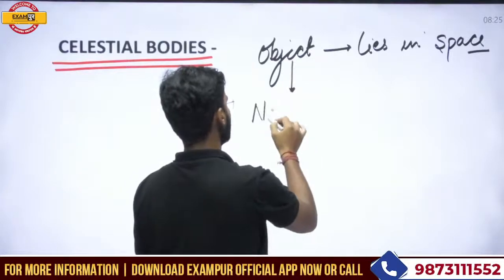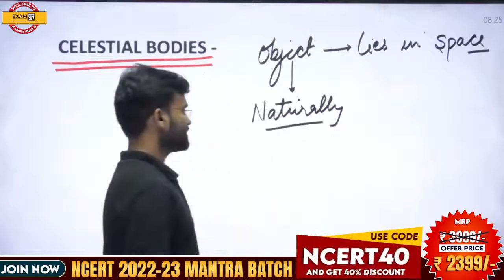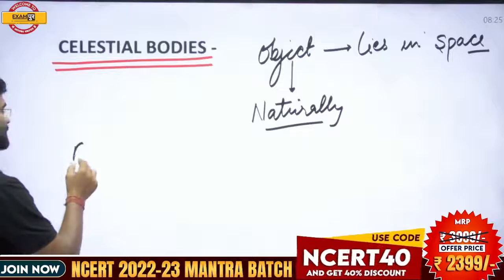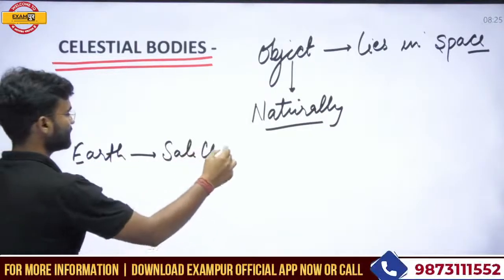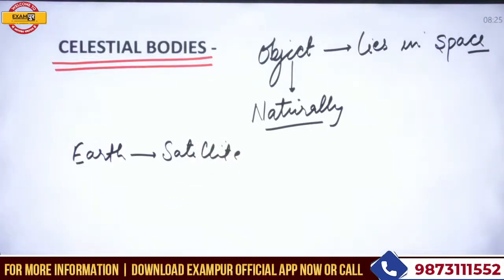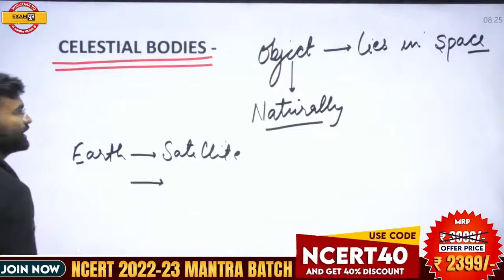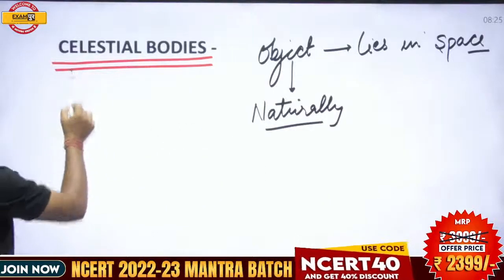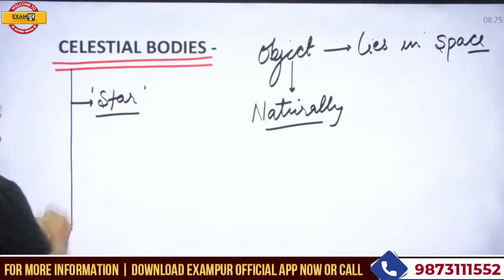Suppose we go to space: around the Earth there are satellites. If we go into the solar system, we will see an object called a star. So the sun is a star.